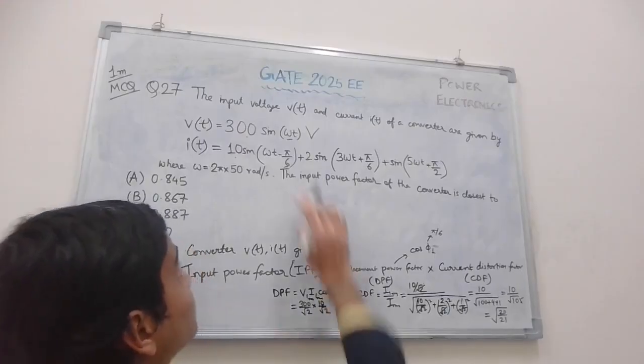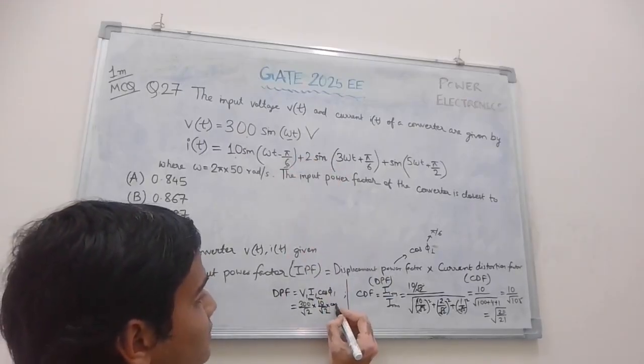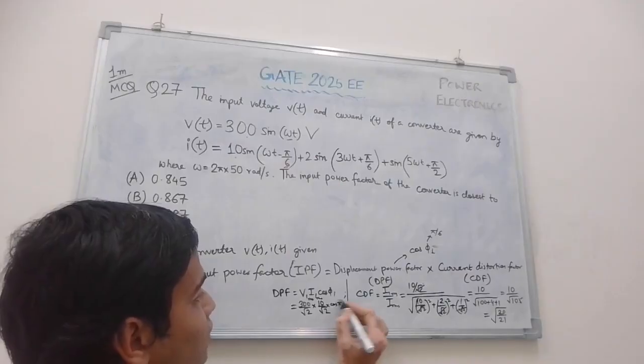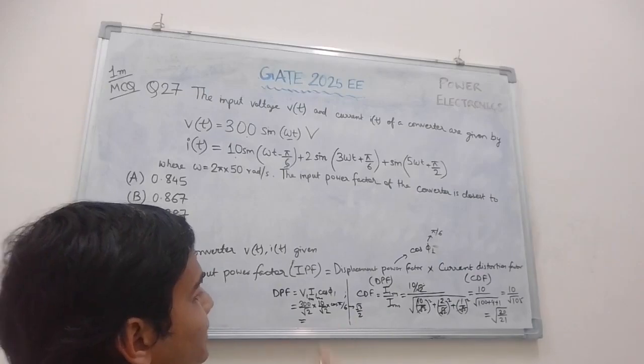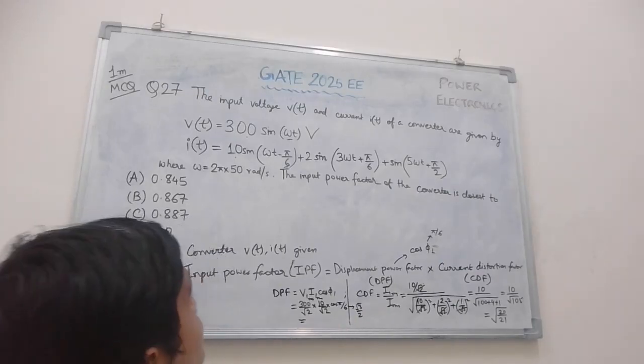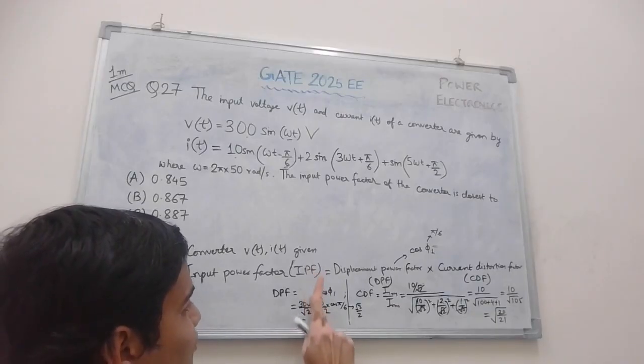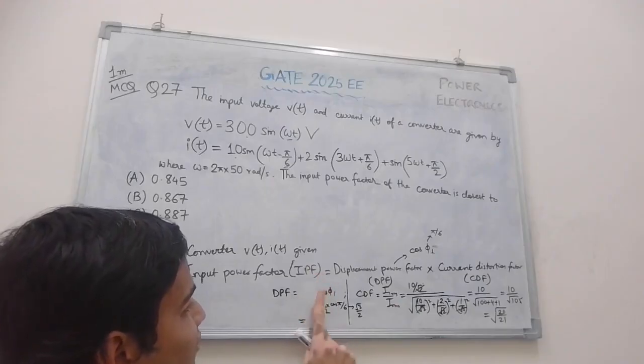And cos phi is what? Cos of pi by 6, that is root 3 by 2. So you put the values, you get the fundamental power in this case.